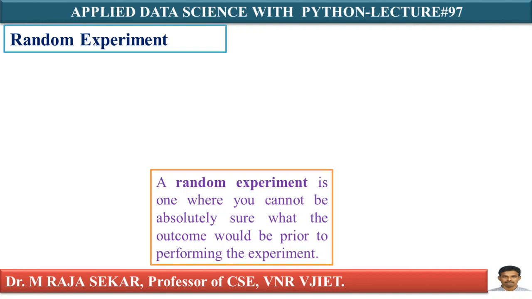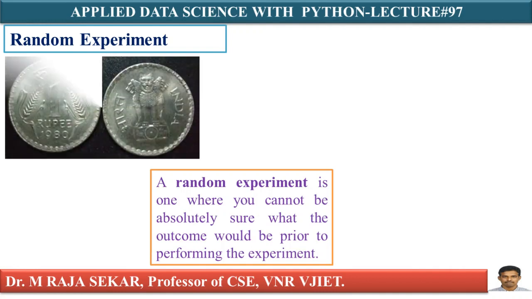For example, the tossing of a coin. If you toss a coin, what happens? There are two possibilities. You may get head, you may get tail. You know the possibilities in advance, head or tail, but we don't know which possible outcome occurs. Therefore, it is random experiment.